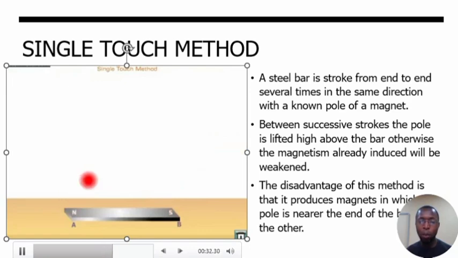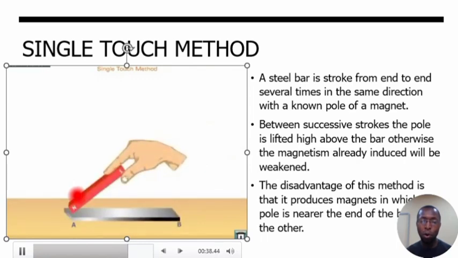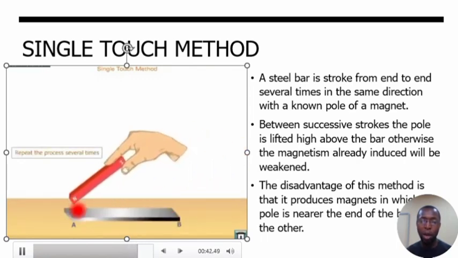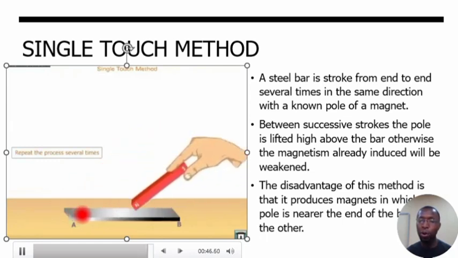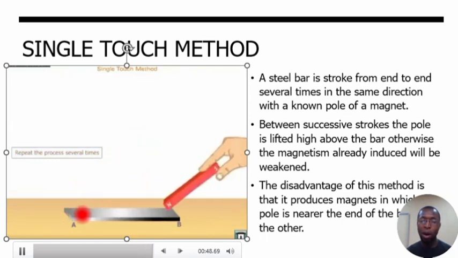So the polarity of the magnet where you stroke it from will become the polarity of the steel or the iron. You do it on the first face and the same way on the second face of that steel. Automatically the steel becomes a magnet, or if it's an iron you're using, it becomes a magnet.